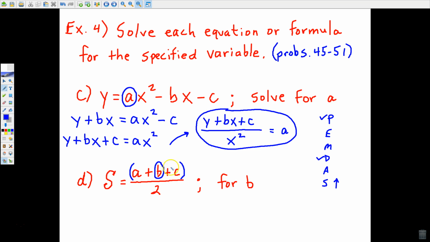If you don't, you're going to be tempted to undo what's in the numerator first, because you're going to see addition, and that's going to trigger you to start undoing with subtraction, and that's going to get you out of order. Remember, this is all based on the fact that A, B, and C in this division problem cannot be separated when you divide by 2.